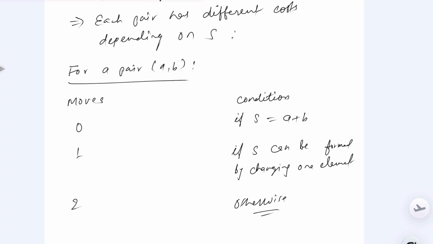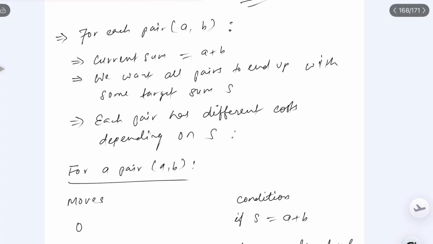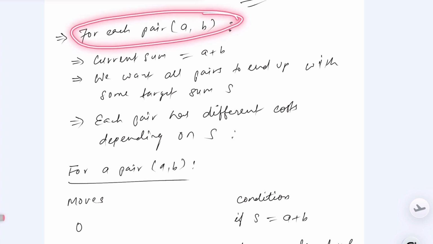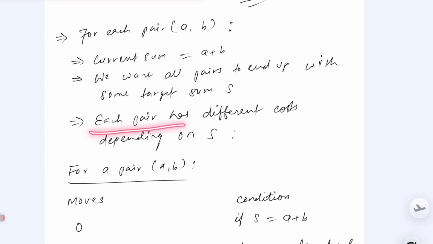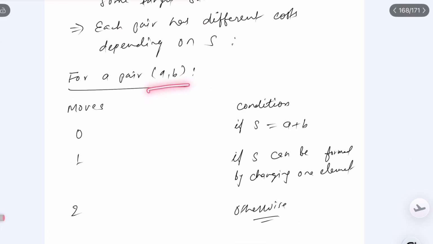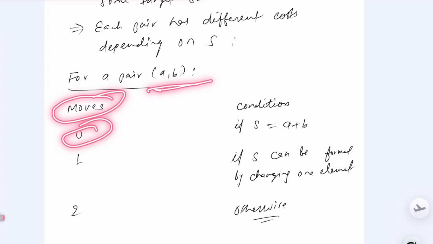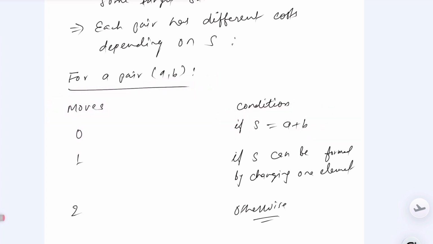Like this, for every pair we find the current sum, and we want all pairs to end up with the target value S. Each pair has a different cost depending on S. Moves are 0 if S equals A plus B, 1 if S can be formed by changing one element, or the next move otherwise.